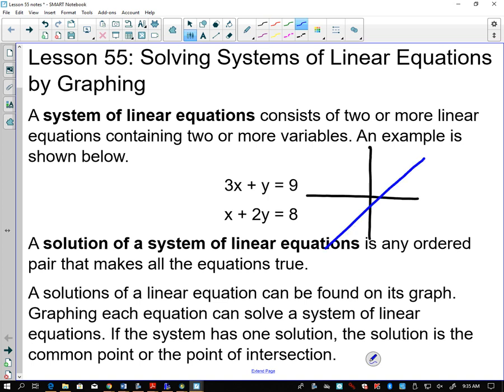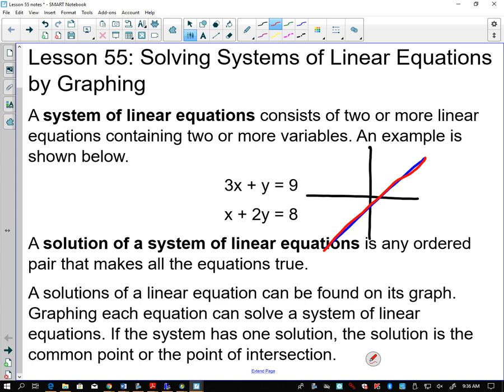I had an equation and I graphed it. Then I got another equation, solved it for slope-intercept form and graphed it, and it turns out it had the exact same slope and y-intercept. How many places do those two lines cross?